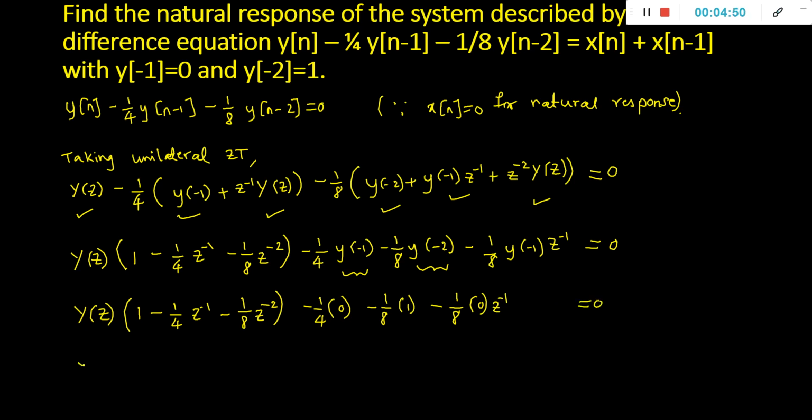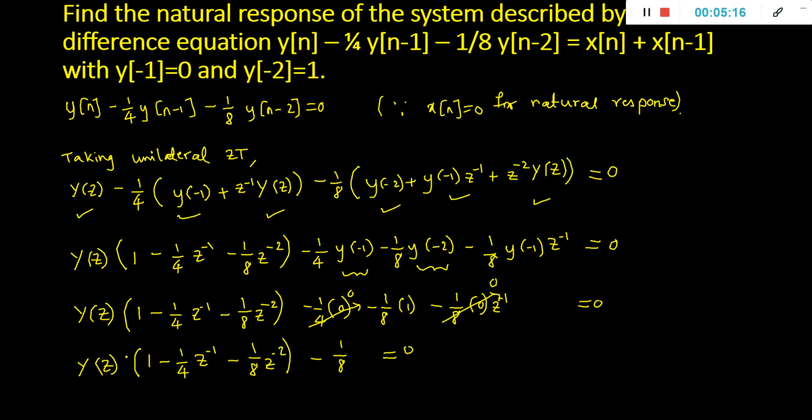So if you look at it, the term will be Y(z) into (1 - 1/4 z^-1 - 1/8 z^-2). Now anyway, this term is 0, and then we have -1/8, and this term is also 0, so this should be equal to 0.